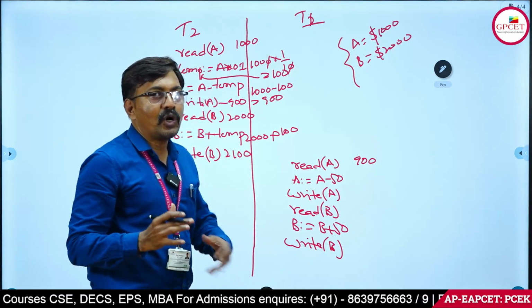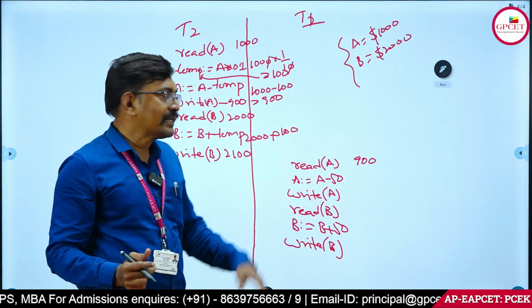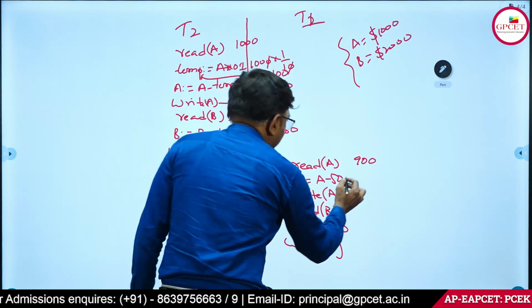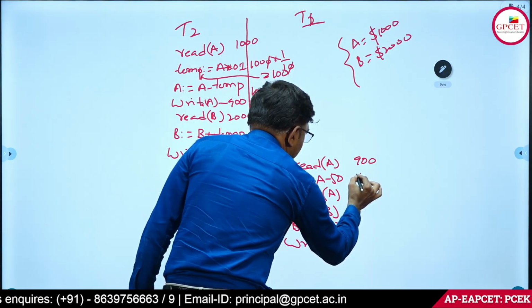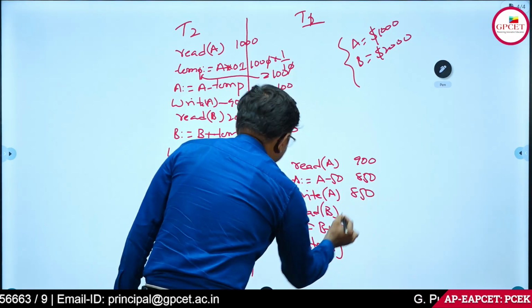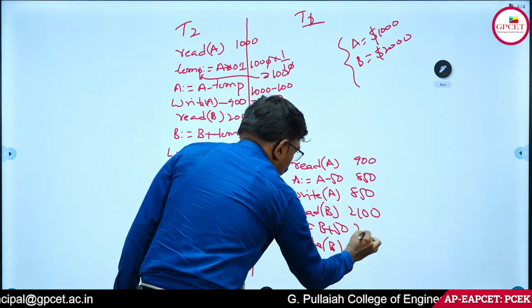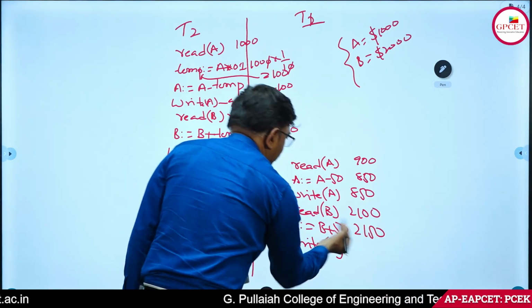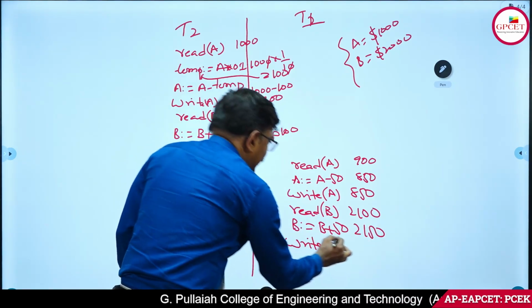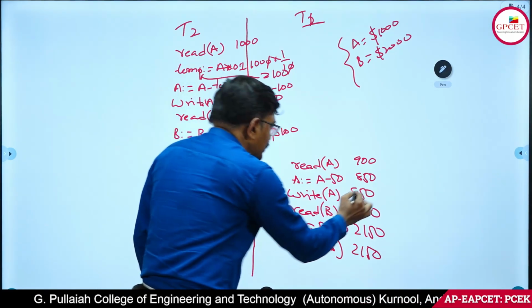Because multiple transactions can execute simultaneously. 900 minus 50 is 850. Write A is 850. Read B is 2100. Here 2150, because B equal to B plus 50. Write B also 2150.